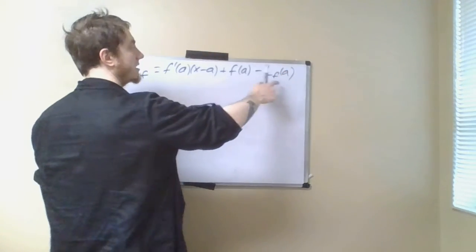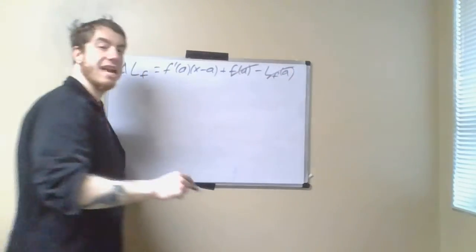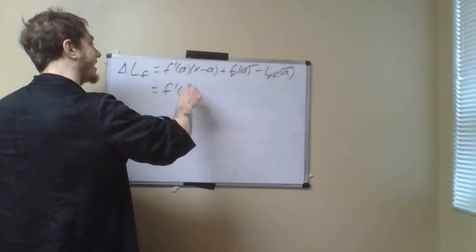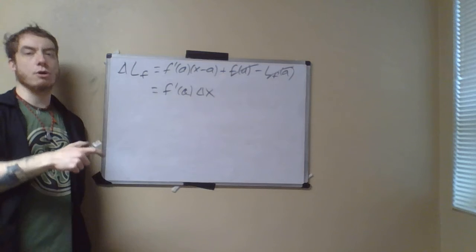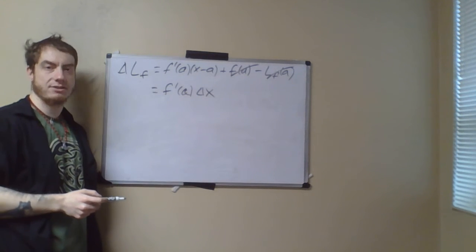But f evaluated at a and L_f evaluated at a are actually the same thing, so they cancel out with each other. And this leaves me with f prime of a times the change in x. So the change in your linear approximation is the derivative of f times the change in x.